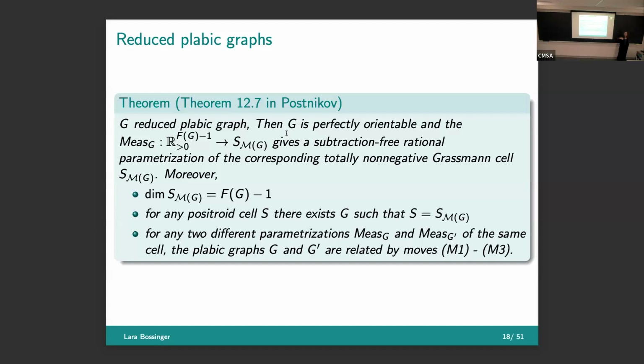So even the boundary ones, yes, and I'm not exactly sure how much is known on what the operations are on the plabic graph to get to the boundary. There are some combinatorial rules to understand the dimension of the resulting plabic graph if you erase some edges. If you erase an edge and the graph is reduced, then it goes to the boundary. If you allow weights to be 0, then you get these things in the boundaries as well.